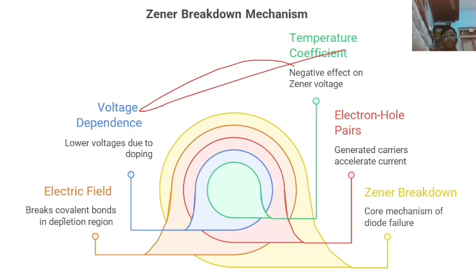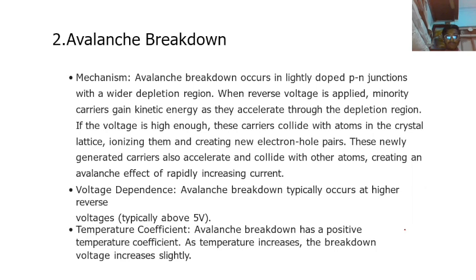Temperature coefficient: negative temperature effect on Zener voltage. Electron-hole pairs generate carriers and accelerate the current through the Zener diode. Zener breakdown is a core mechanism of diode failures.